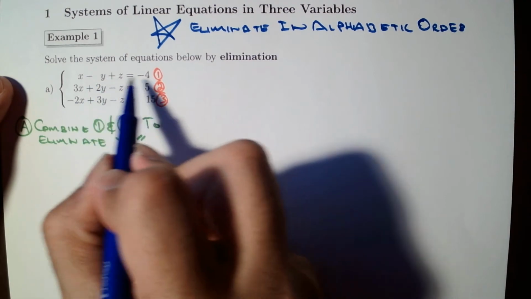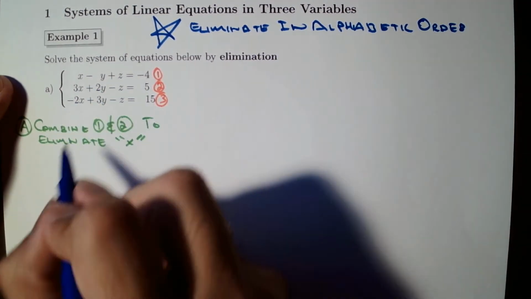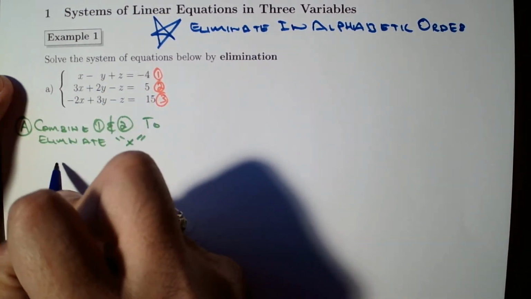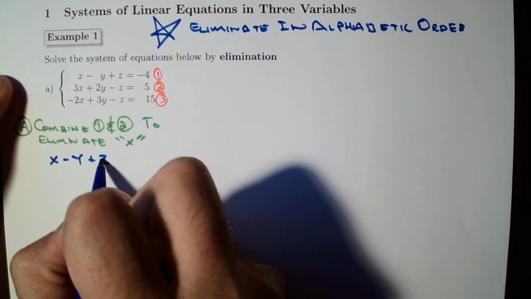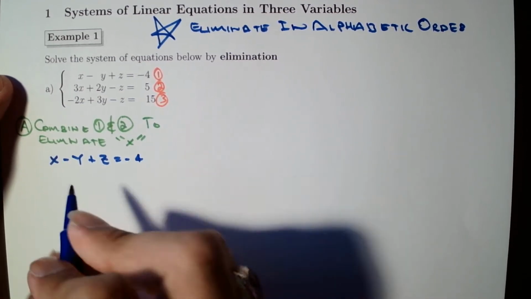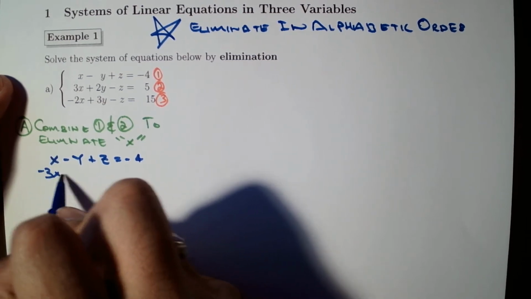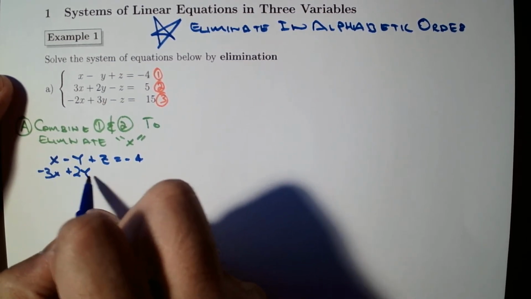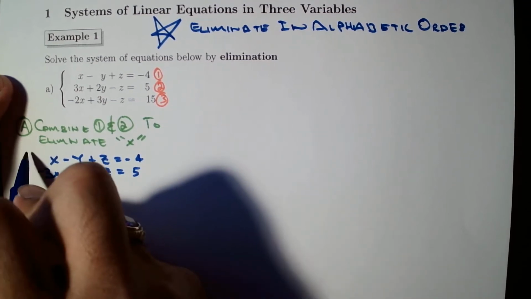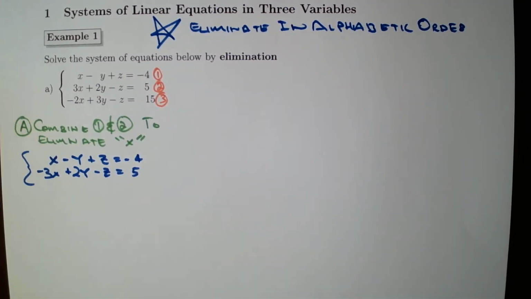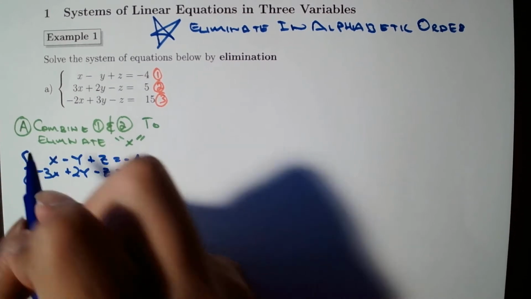I'm going to put together equation 1 and equation 2: x minus y plus z equals negative 4, and 3x plus 2y minus z equals 5. Okay, so let's put these two equations together.